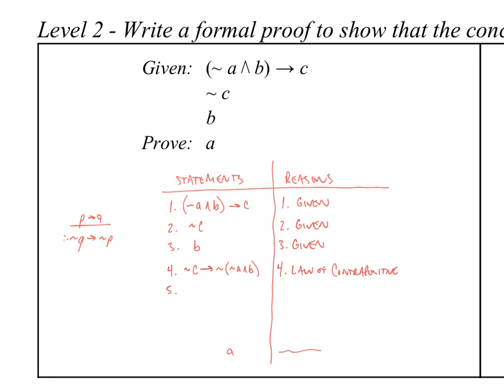All right, now from there, I can claim that not A and B must be a true statement. Again, I'm going to ask you to tell me how I can make that claim. Give me my reason. All right, and that is because of the law of detachment.